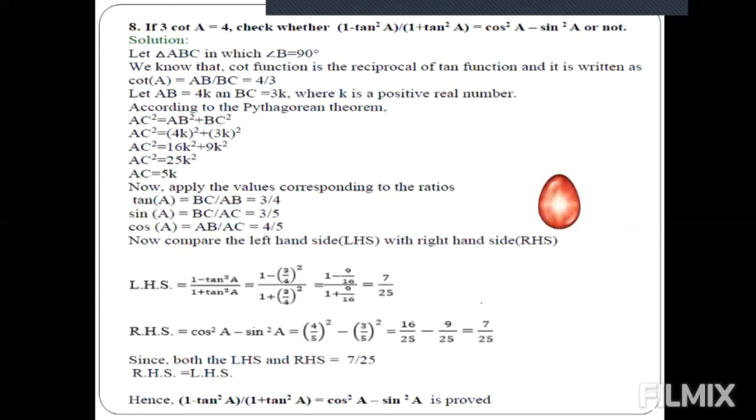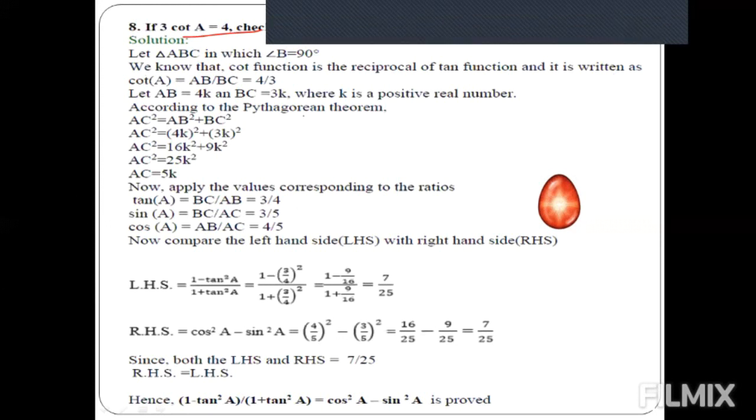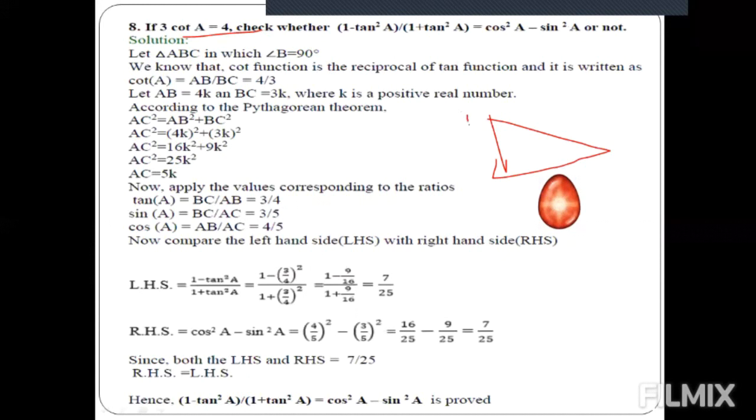If 3 cot A equals 4, check whether 1 minus tan square A by 1 plus tan square A equals cos square A minus sin square A or not. So this is like proving LHS equals RHS. First you need to take a triangle ABC. We know that cot function is the reciprocal of tan, that is adjacent by opposite.